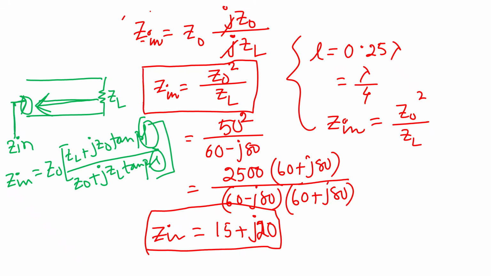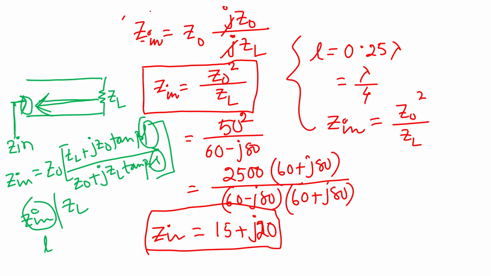Sometimes this question may be reversed, in a way that in the question the value of Z in will be given, the value of ZL will also be given, and you may be asked to calculate the value of L, or the distance from ZL at which the input impedance is some value.